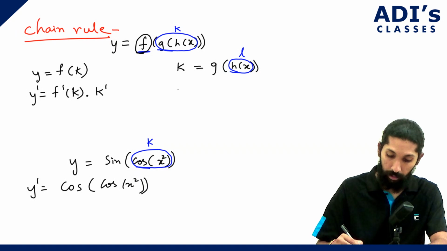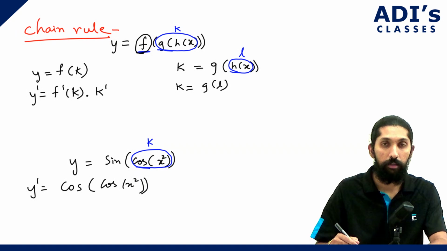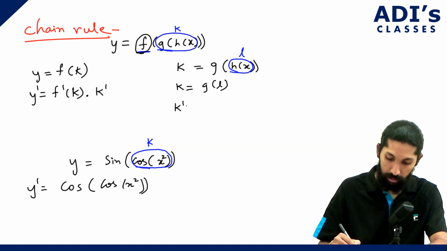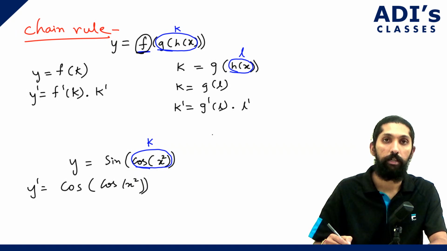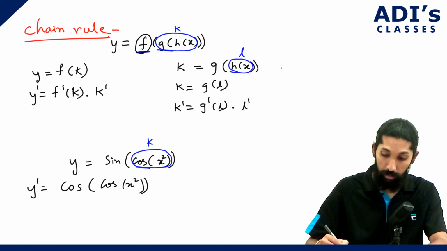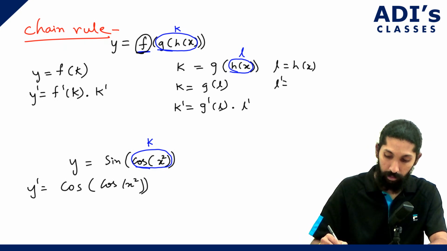Now what do we get? k is equal to g of L, isn't it? So what will be k dash? g dash of L into the next one is what? L dash. Correct? Now last part. What is L? L is h of x and L dash becomes h dash of x.